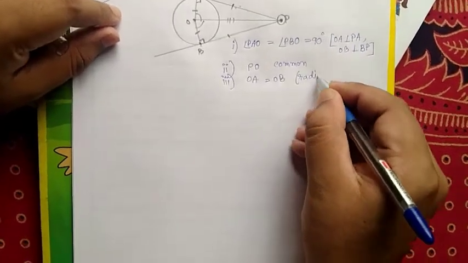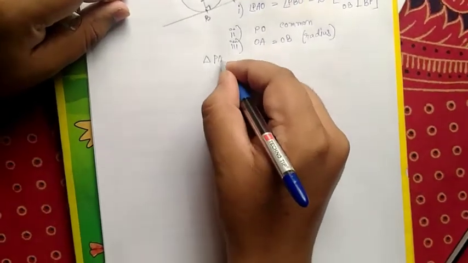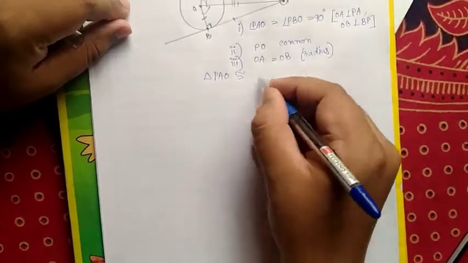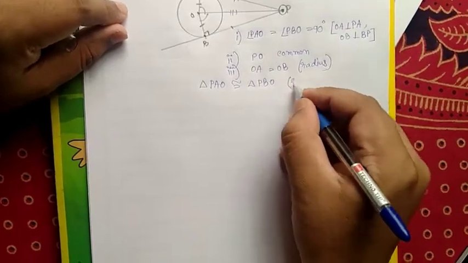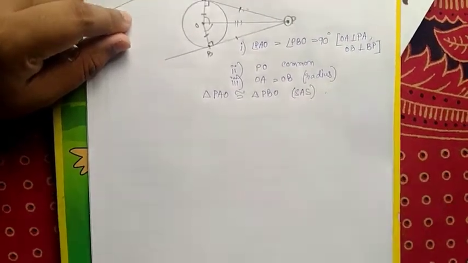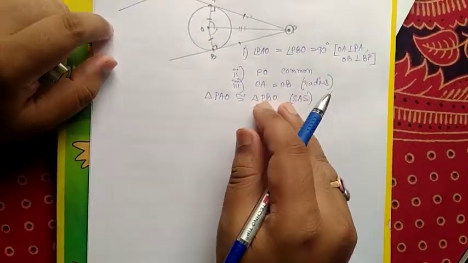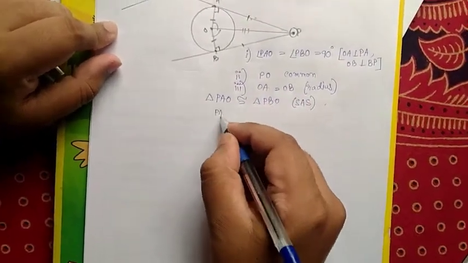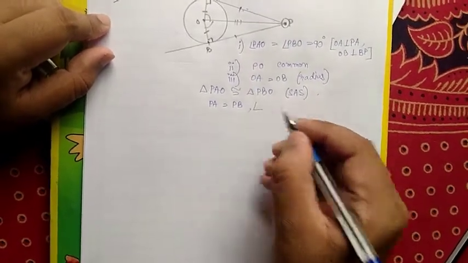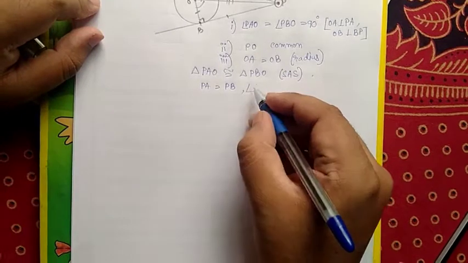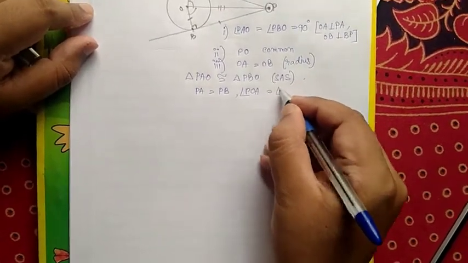So therefore we can say that triangle PAO is congruent to triangle PBO by the SAS criterion. If these two triangles are congruent to each other, we can say PA equals PB, and we can also say that angle POA equals angle POB.